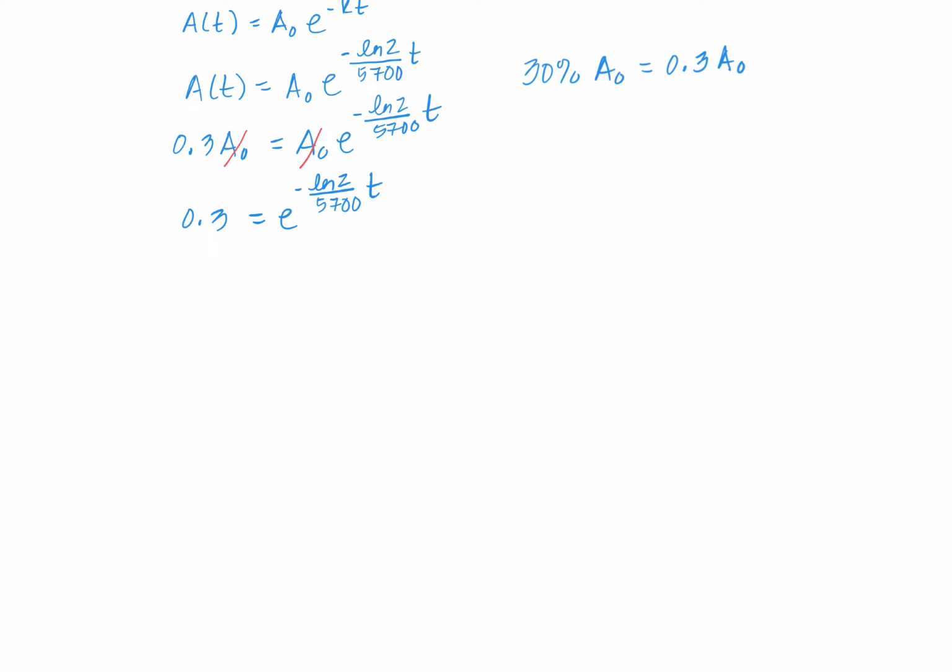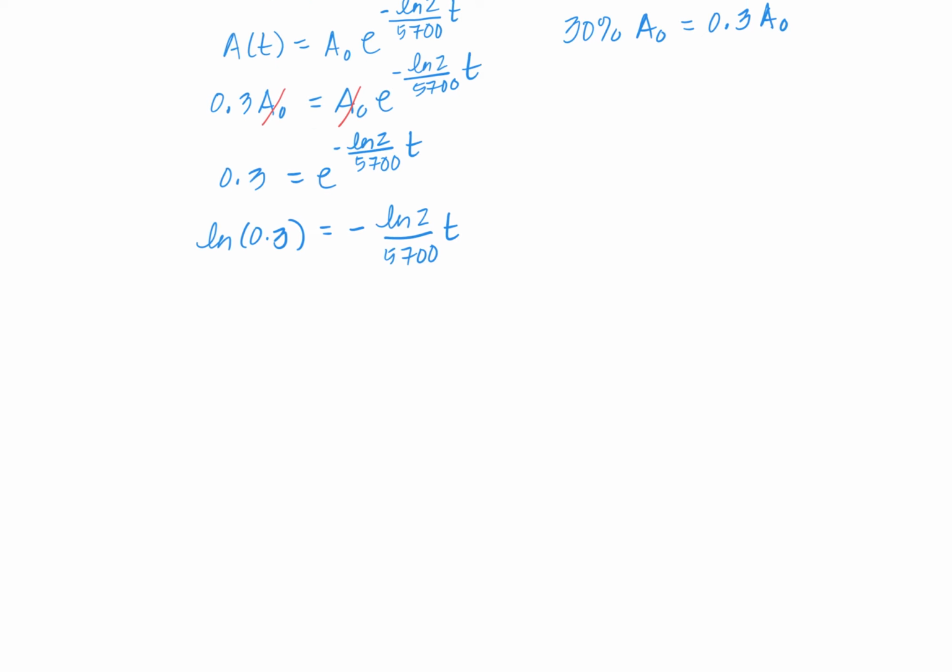So again, I have the same problem I had in the prior problem with the bacteria, is that I'm trying to find t, but t is the exponent. So I'm going to have to natural log both sides to get the natural log of 0.3. And when we natural log on the right-hand side, because of the property, that natural log of e will go away, and I just have negative natural log of 2 over 5,700 times t.